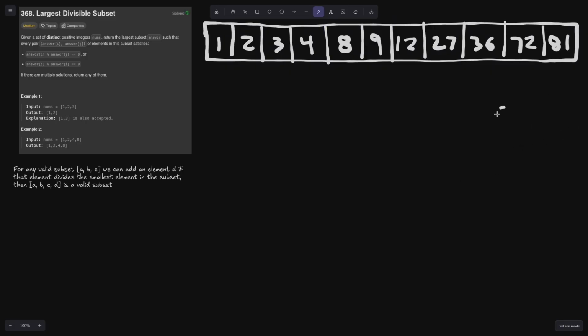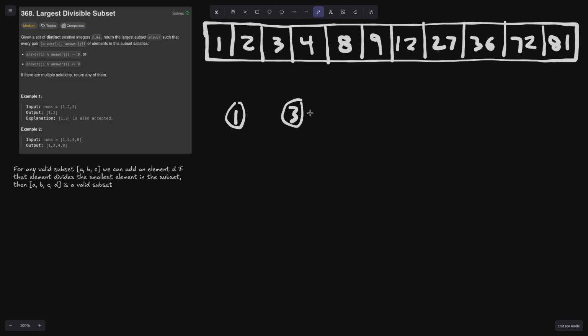We have 81. We have to check that 81 does. So 81 is our valid subset at the moment. What could be something that divides 81 that we can add? Before that, I'm going to put this in a way that's easy to digest.